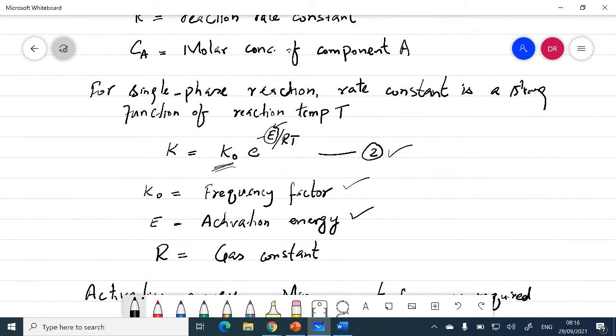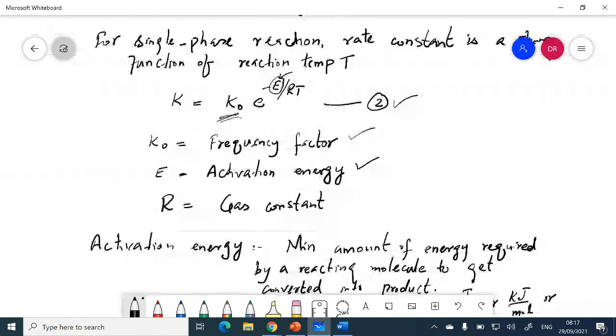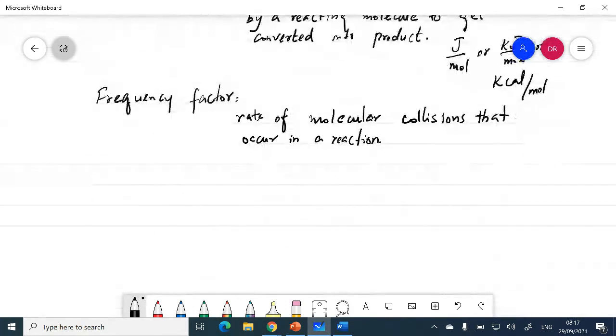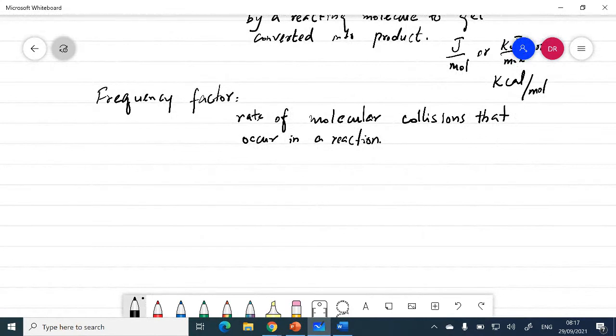So equation one and equation two are based on theoretical considerations, but we have some model parameters, for example K naught and the activation energy E. These two parameters are usually determined with the help of experimental data, or by fitting the experimental data. So that's why we call them semi-empirical.